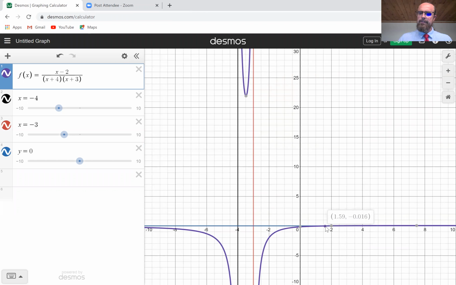It's negative until 2, crosses over the x-axis, and has positive values. So this is a unique type of rational function that passes through the horizontal asymptote and then approaches it from the opposite side that it crossed it. So on the left of 2, it's below the x-axis. On the right of 2, it's above the x-axis.